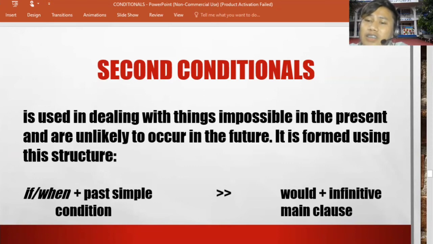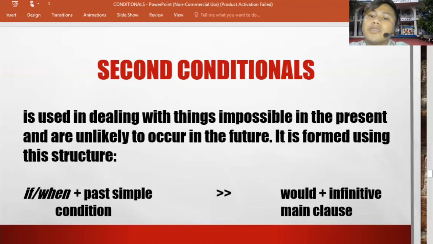whenever we state conditions in this type, it only implies things that are unlikely to happen today, let's say for example.